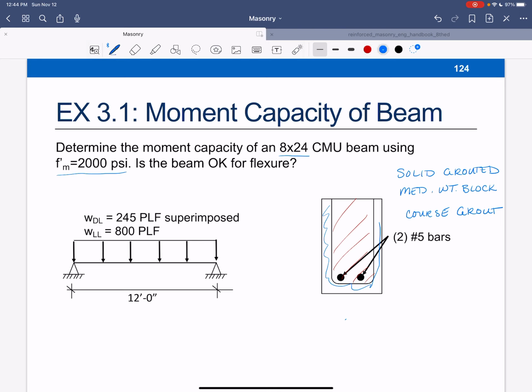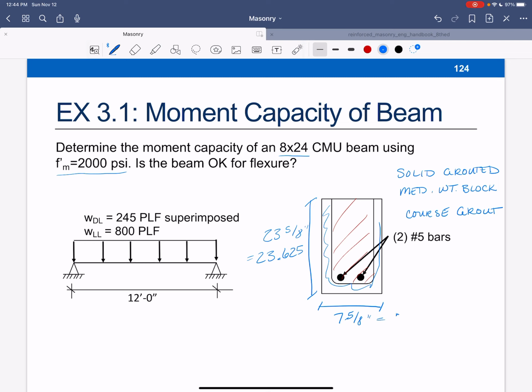Let's first put on dimensions. So it's an 8 by 24, so 8 inches is the nominal width. The actual width is you subtract off 3/8 inch. In other words, instead of 8, it's 7 5/8 inch that is the actual. Likewise, from the top here, 24 would give us 23 and 5/8, or for your calculator, you're going to want to write it as 23.625.